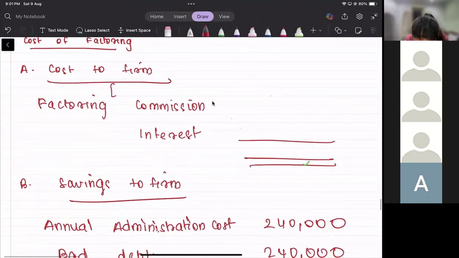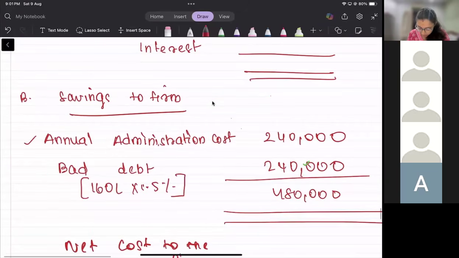What was the commission amount? 71,111. This is for one cycle, right? This commission amount is for one cycle. In a year, there are 360 days, and this commission is for 80 days. And they have asked me to find out the cost annually. This is the annual cost.